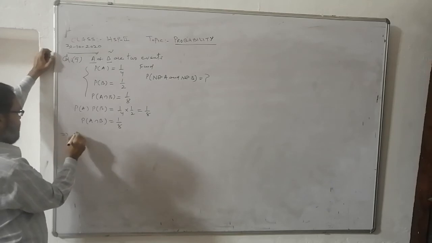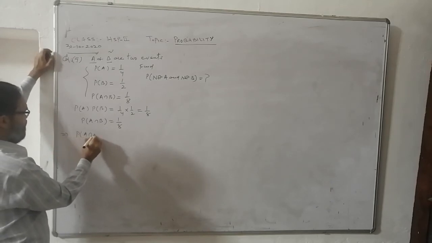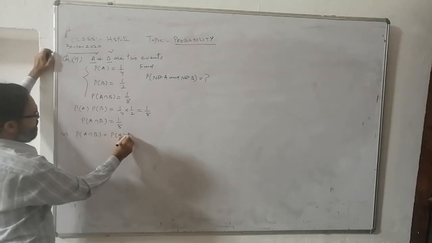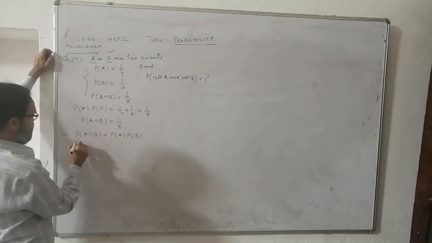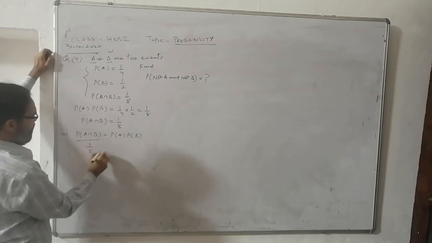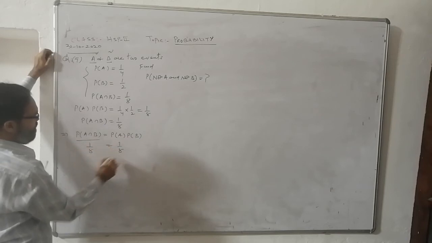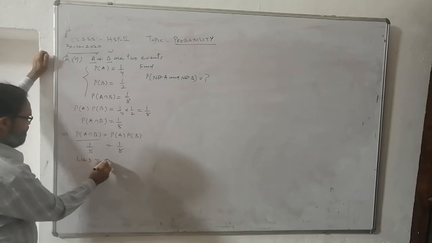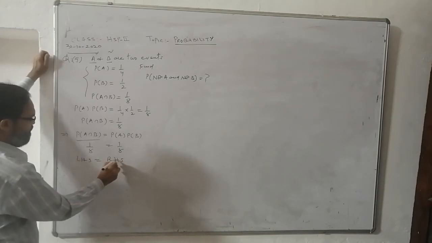So probability of A intersection B is equal to probability of A into probability of B, because its value is 1 upon 8 and its value is also 1 upon 8. That means left hand side is equal to right hand side.